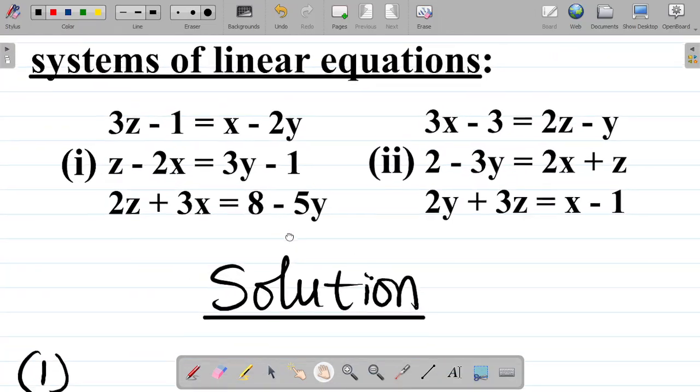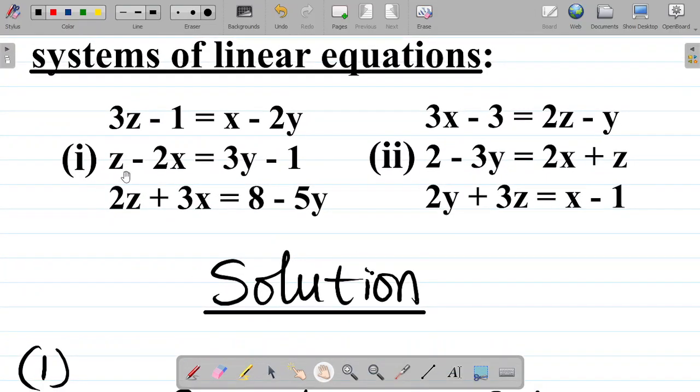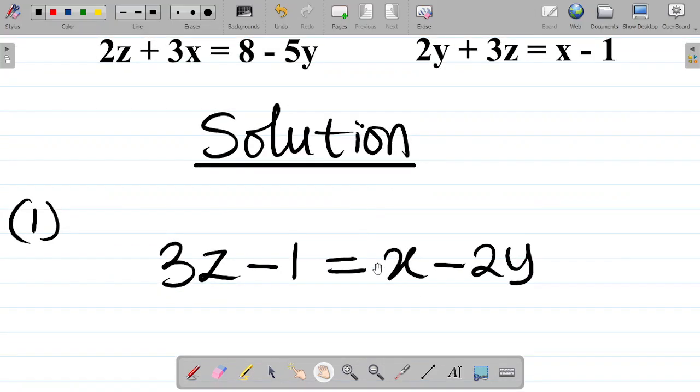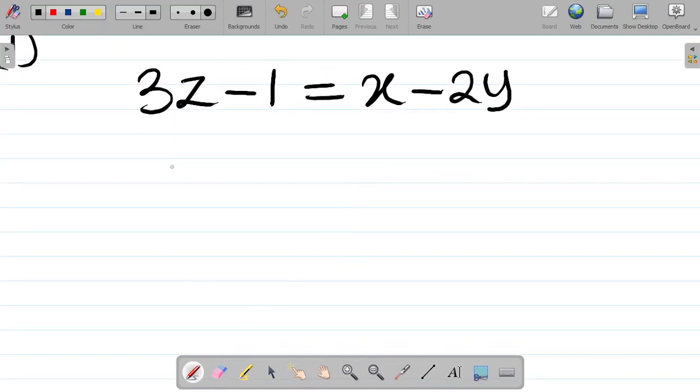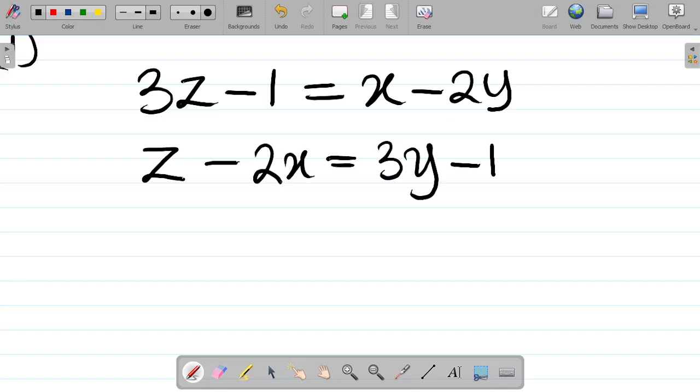The next one I have is z minus 2x is equal to 3y minus 1.